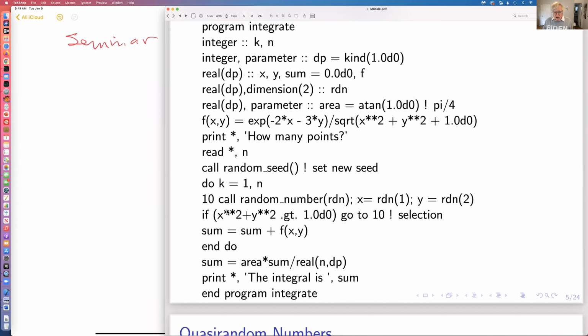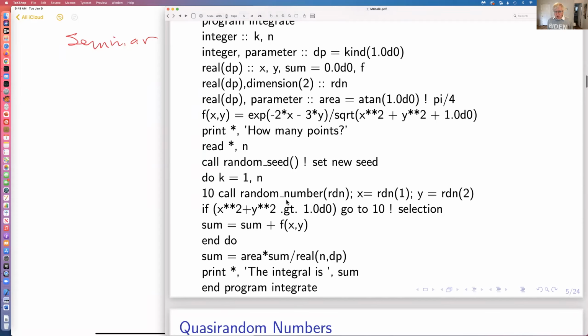So this operation, call random number RDN, gives us RDN1 and RDN2. And then I use them to do the rest of the integration. F of XY can be defined up here simply in essentially just an ordinary mathematical way. The D here just means double precision.